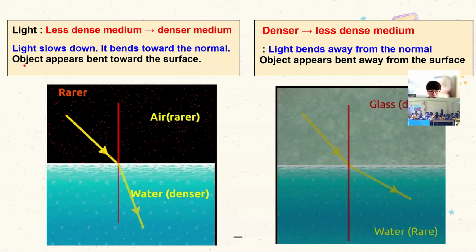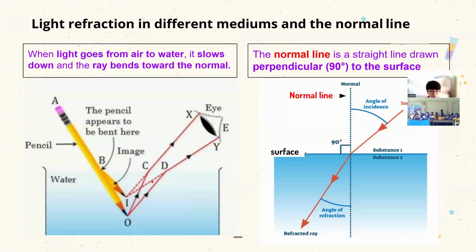And the object actually appears to bend toward the surface, so that's a little bit different. Looking at this picture here, although light bends down, the object looks like it's going up to the surface.